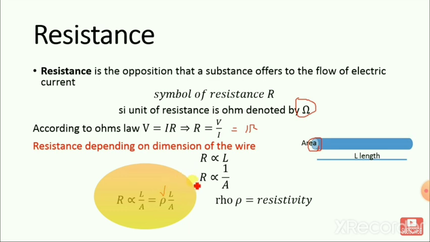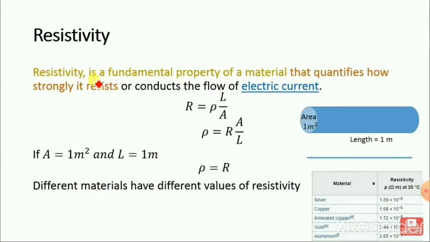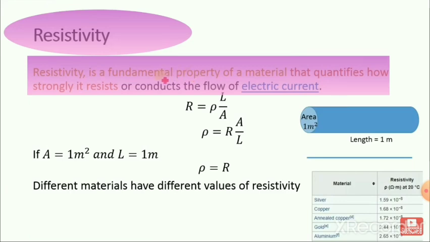Resistivity is actually the constant of proportionality. Resistivity is a fundamental property of a material that quantifies how strongly it resists or conducts the flow of electric current.